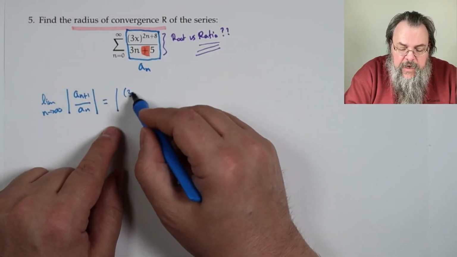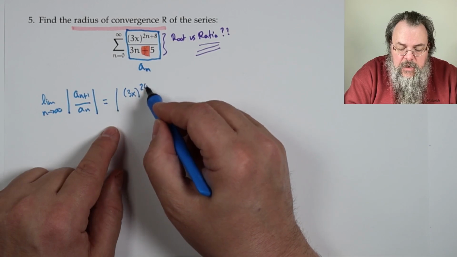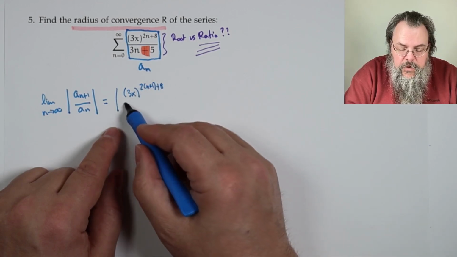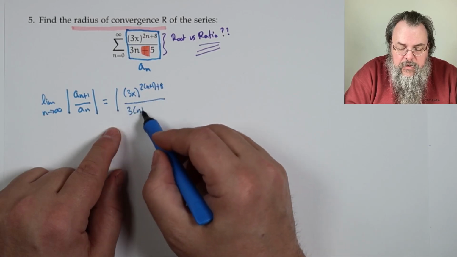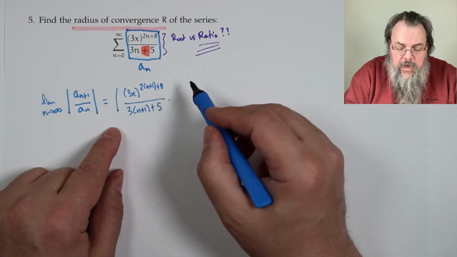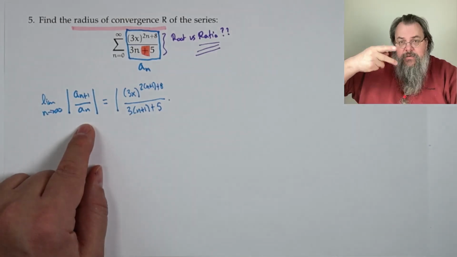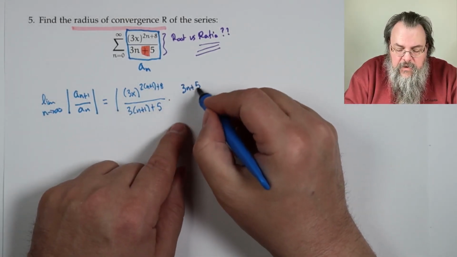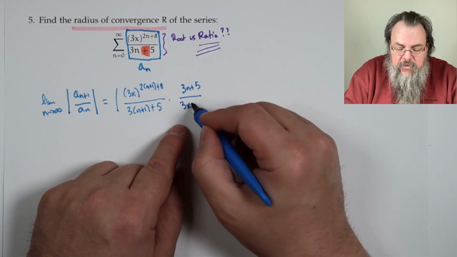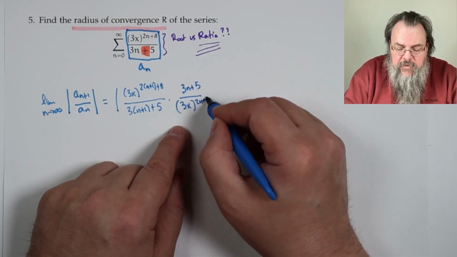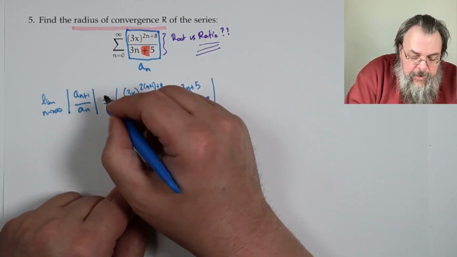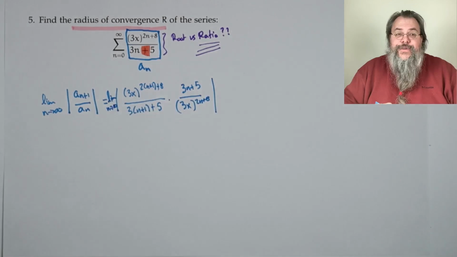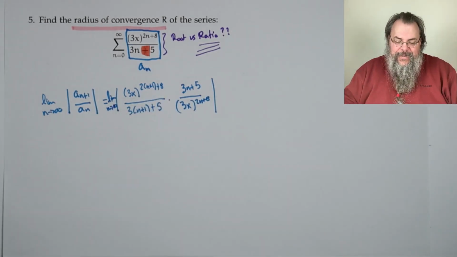So we have 3x to the 2 times n plus 1 plus 8, over 3 times n plus 1 plus 5. Then we divide by a sub n, so I'm going to flip it: 3n plus 5 over 3x to the power 2n plus 8. And because I want points, I know if I don't write this limit, they're going to take points off, so don't forget to write the limit.